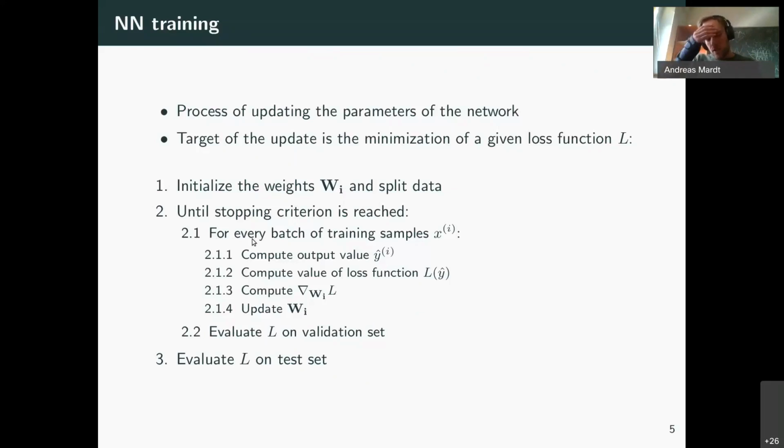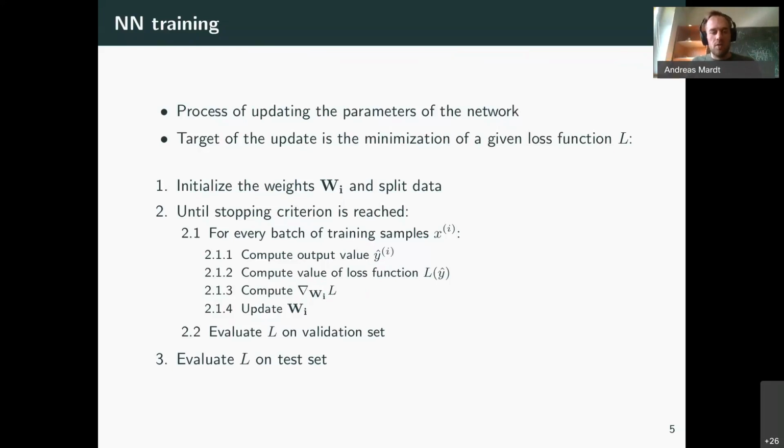So for each of these loops, we take some parts of our training data, so-called batches. We split our training data into batches, and for each batch, we compute the output value of the neural network. Then we compute the loss function, which tells us how good we actually are on this batch. Afterwards, we compute the gradient of the loss function with respect to the weights, which means we have to be able to estimate gradients.